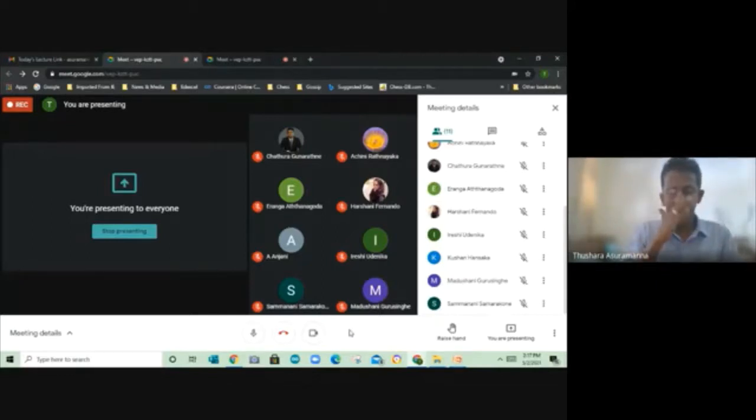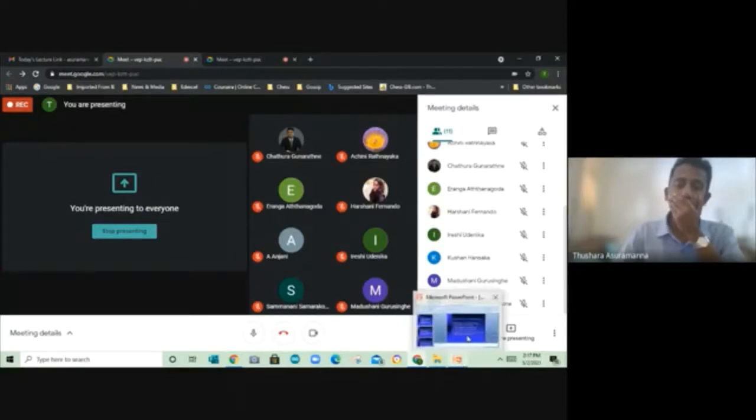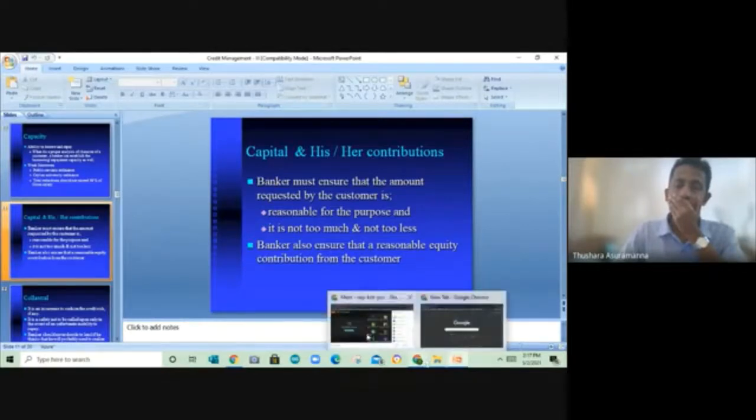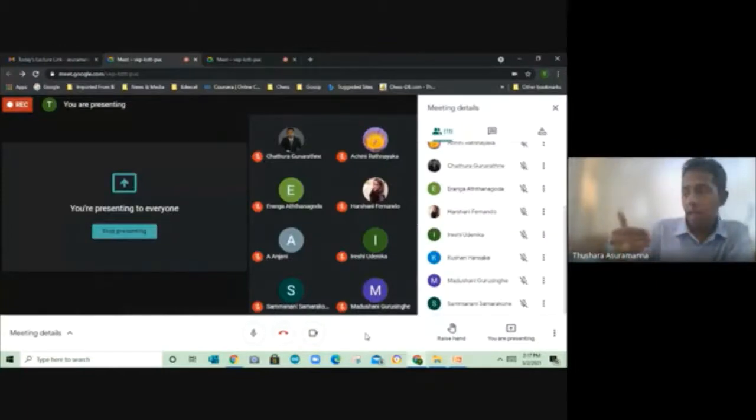That's one. Number two, in terms of contribution, we need to understand whether the customer is asking for a proper amount. Say the customer, in order to complete a project, a building, requires 10 million.